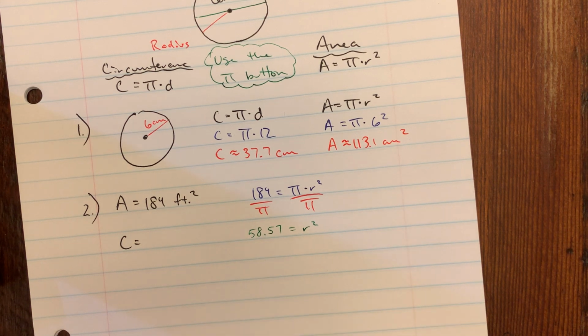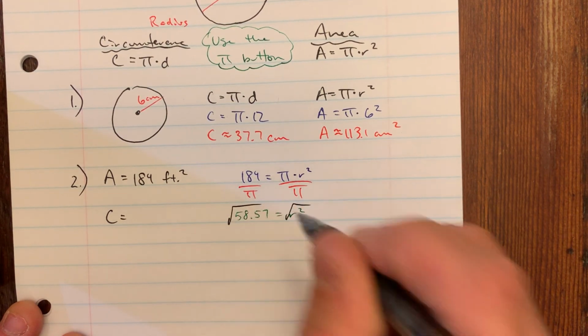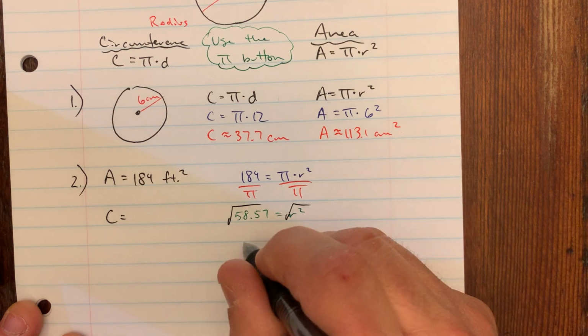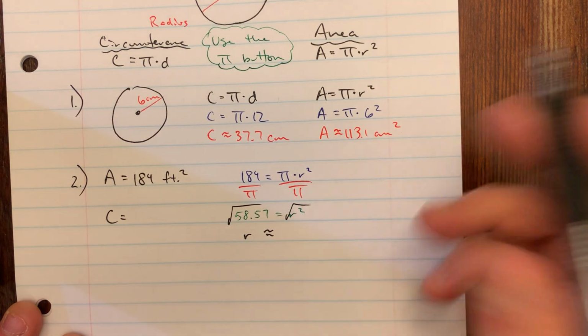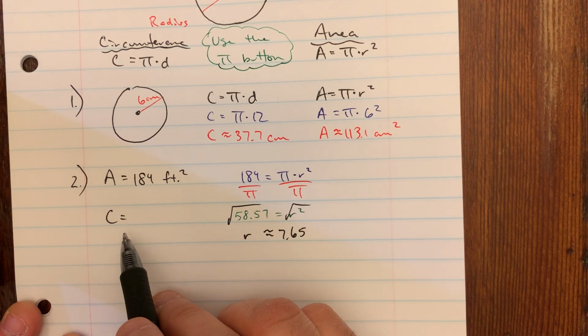So now to get r by itself, we need to take the square root. So let's take the square root of that and take the square root of that. When I do that, the radius is about 7.65.